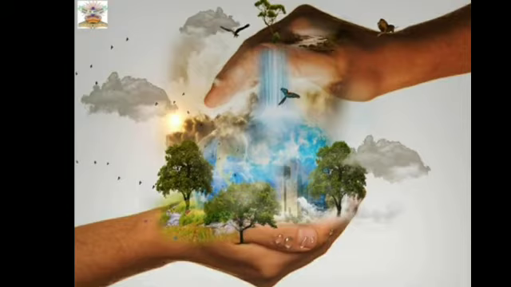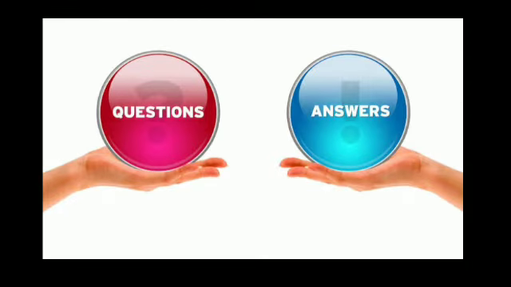So I hope children, you all have understood the regions which we have learned now. Okay? So now students, here we have completed our 6th chapter. Now we are going to discuss some questions and answers of this chapter.